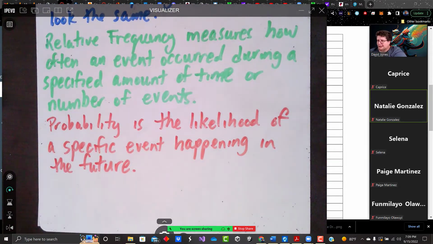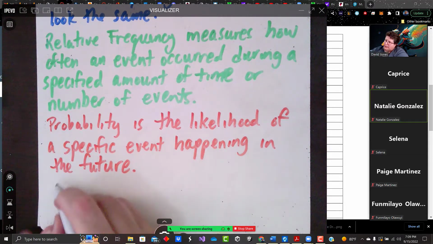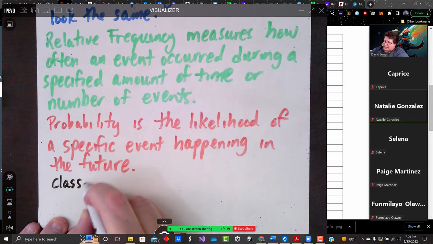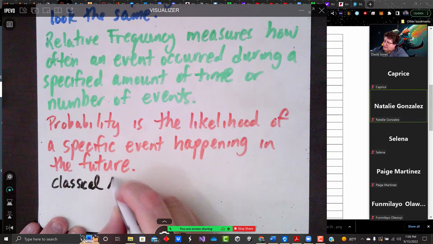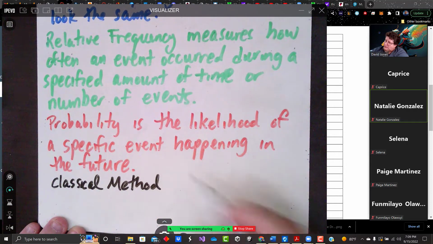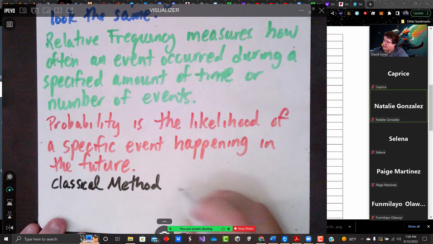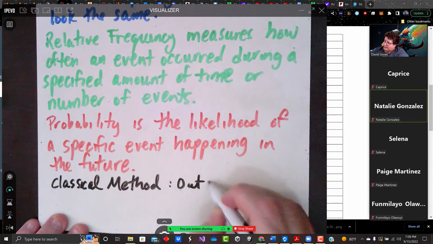And when it's something like dice or cards, this is called the classical method. Classical probability is when outcomes are equally likely.